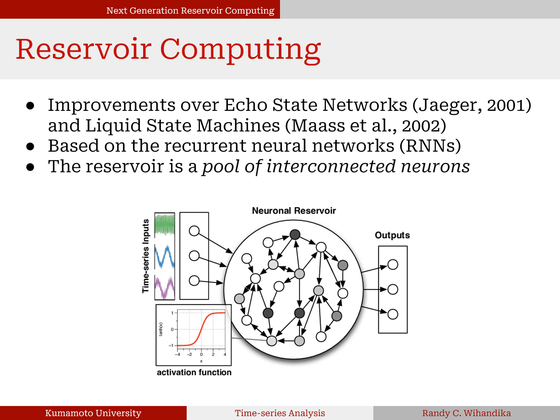And reservoir computing is an improvement over the echo state networks, or ESN, and liquid state machines, or LSM. It is based on the recurrent neural networks, or RNN, that we talked about in the previous slide. In reservoir computing, or RC, there is a pool of interconnected neurons that we see right here in this circle.